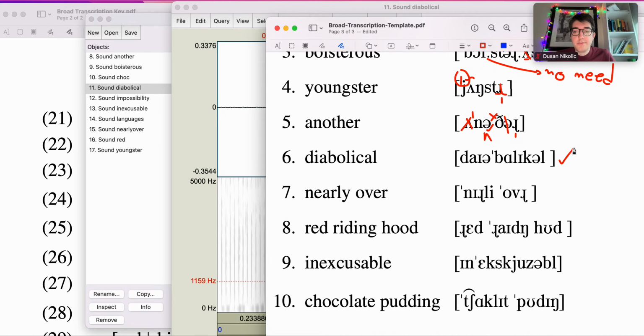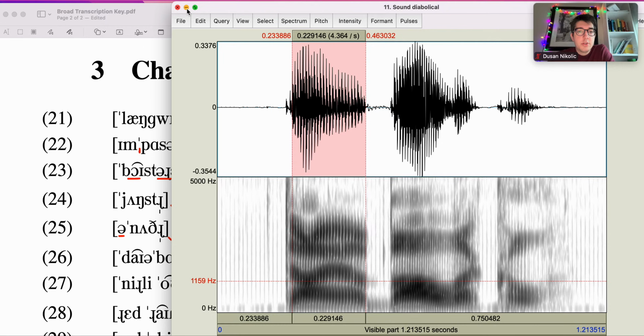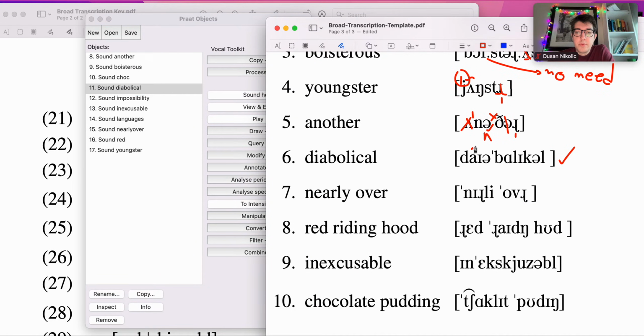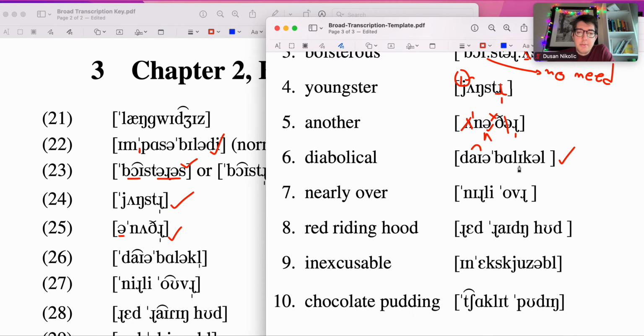I like it in general. Since this is a broad transcription, as I said, it's good. Nice job. If we compare it, I would definitely put a tie bar here. Bolical, definitely I would remove this schwa and have this one as syllabic. The rest is good.